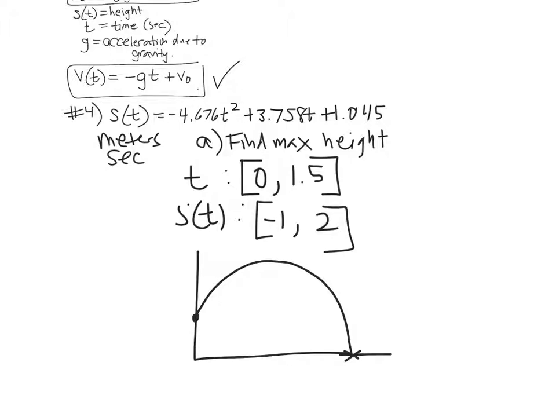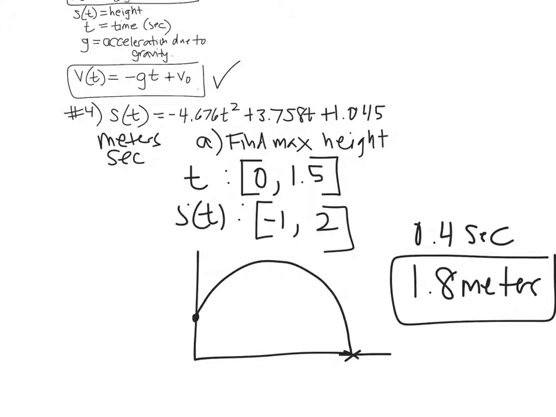And the maximum height occurs at 0.4 seconds, and the height is 1.8 meters. Okay, 1.8 meters. So that's as high as it goes. We went to second trace and found the maximum of the graph. Yep, you go to the left and right, hit enter.